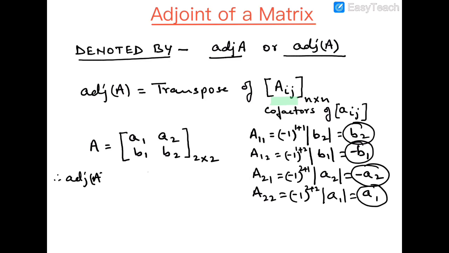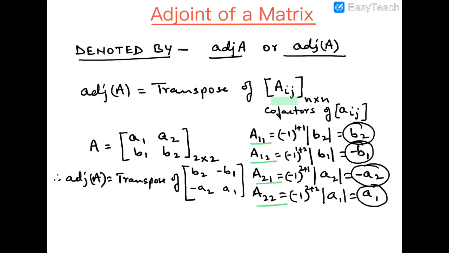So now adjoint A is equal to the transpose of the cofactors of Aij, and we know the cofactors now, so we can write B2, minus B1, minus A2, A1. Now the transpose of this matrix means interchanging rows and columns.